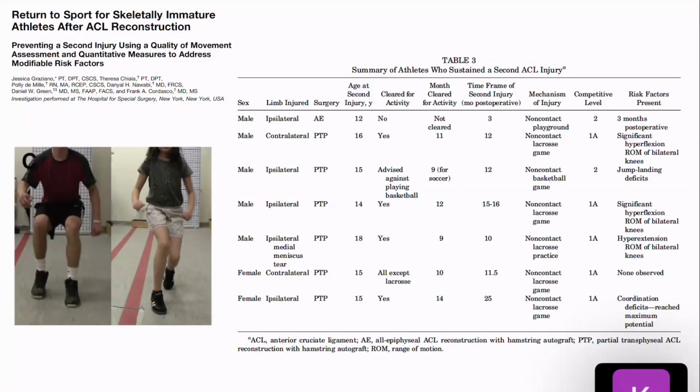The mean time for return to unrestricted competitive activity was 12 months. 93% of athletes returned to their primary sport, 83% returned to unrestricted activity, and 4 athletes re-injured their ACL, 2 injured their contralateral ACL. And there was a study by Dr. Kay in 2018 that reported 13% graft rupture and 14% contralateral tears in a similar patient population.